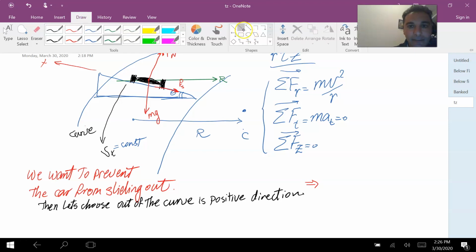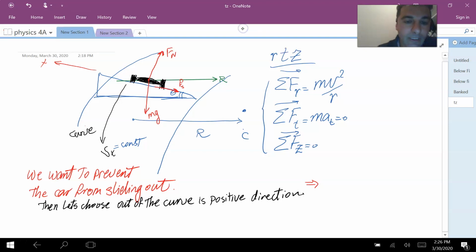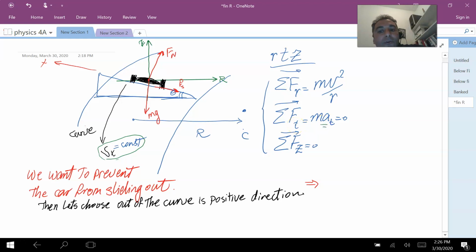In the same way, I do have also what? Z-axis, correct? And tangent is on the circle. So fortunately, because tangent velocity is constant, then acceleration is zero, so we don't have forces on tangent axis.